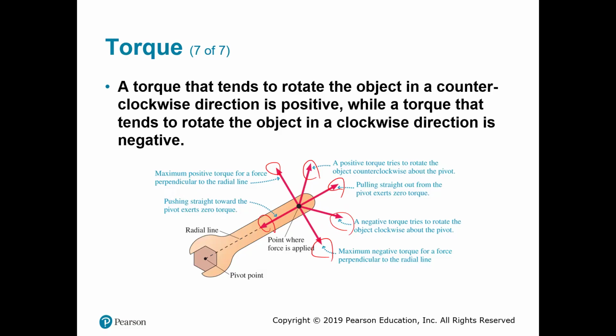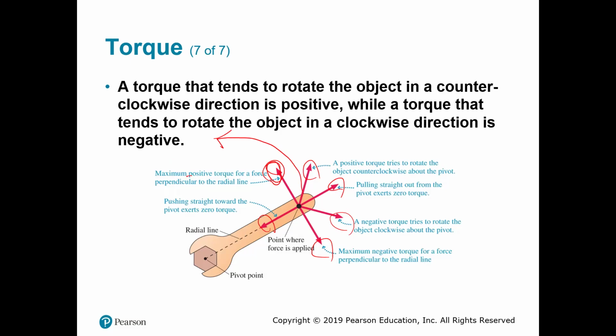But now, torque is also a vector, okay? So you need a sign for it. Especially when the object is rotating counterclockwise, we call it positive torque. If the object is rotating in a clockwise fashion, then we call it negative torque. For example, this force will rotate the wrench this way, which is counterclockwise.